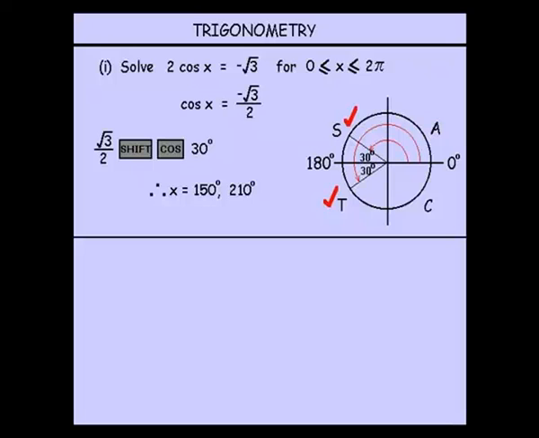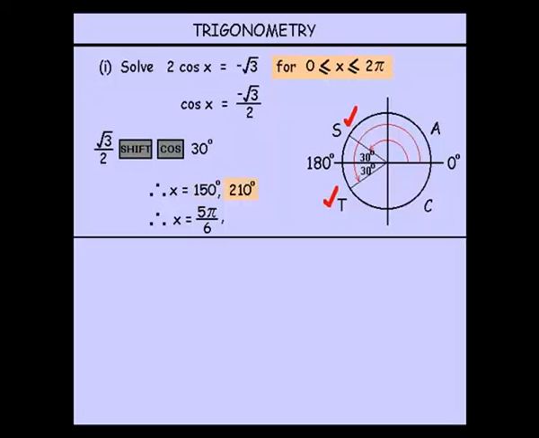There are 2 answers in degrees, but notice the question is telling us to find x between 0 and 2 pi. In other words, we need to answer in terms of radians. So the 150 degrees, putting that as a fraction over 180 and converting, we end up getting that x equals 5 pi on 6, in other words, 5/6 of pi.